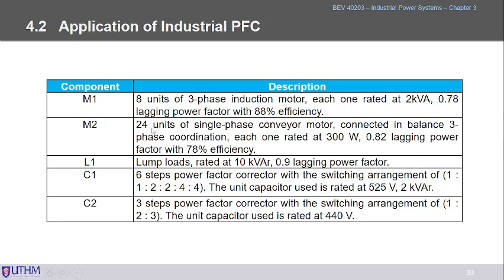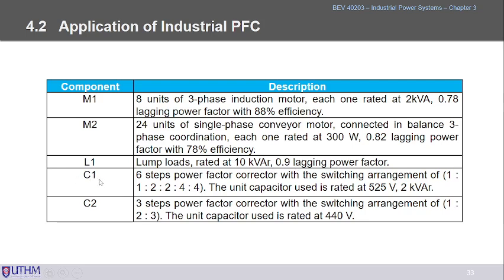M2 consists of 24 units of single phase conveyor motor connected in 3-phase, each rated at 300 watts, 0.82 lagging power factor with efficiency 78%. The lump load is rated at 10 kVAR and 0.9 lagging power factor.